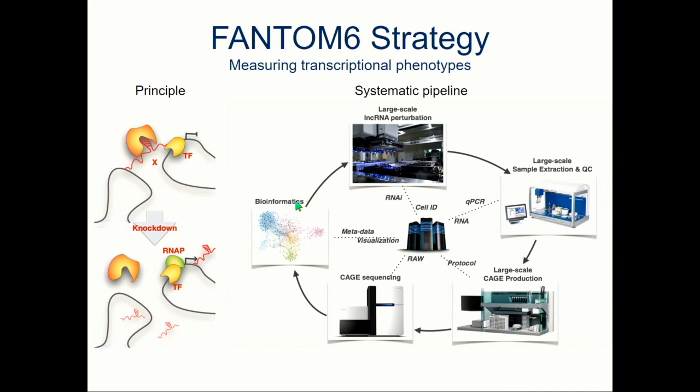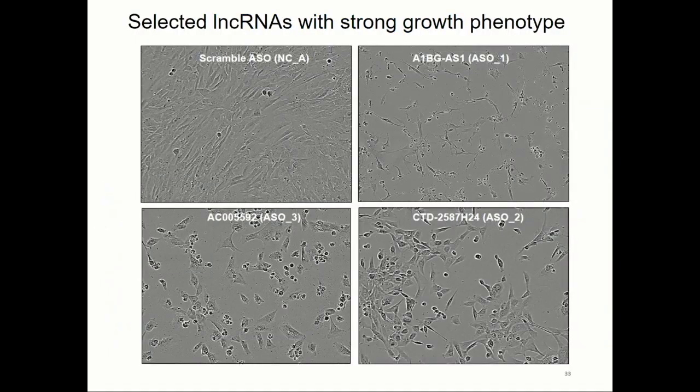So we look for those responses by knocking down noncoding RNAs, extracting RNA, preparing a CAGE library, and sequencing and analyzing if anything has changed in the network. So essentially it is a transcriptional phenotype that we are analyzing.